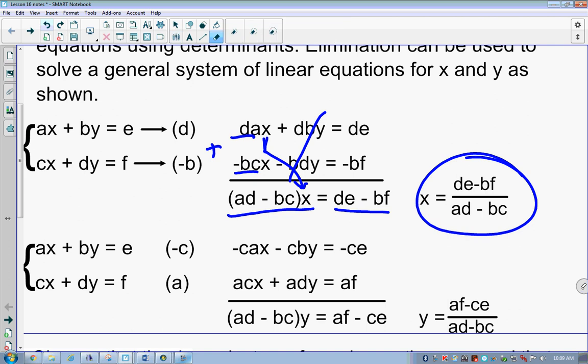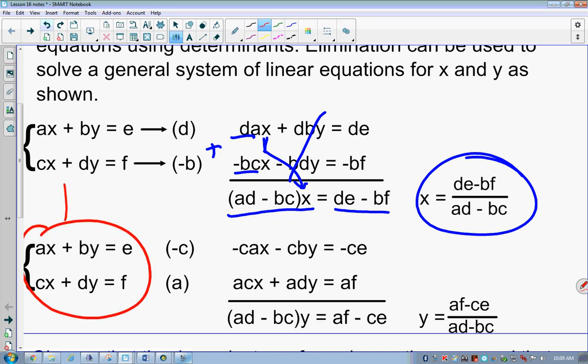Now, they use this next set of steps to say, what if I wanted to solve for y? Notice that it's the same equations as what we saw right there, but now I'm multiplying by the negative of this up here, and by the positive of this down here, trying to get everything to cancel out except y.